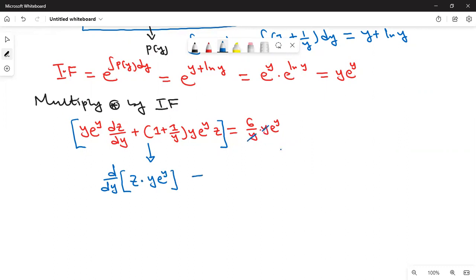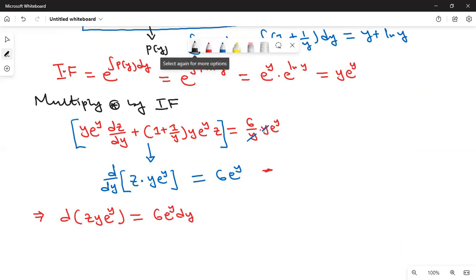So we only have 6 times exponential y on the right-hand side. So this implies that if I multiply both sides by dy, we are going to get the derivative of z times y exponential y is equals to 6 exponential y dy.